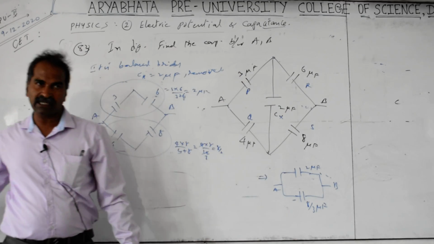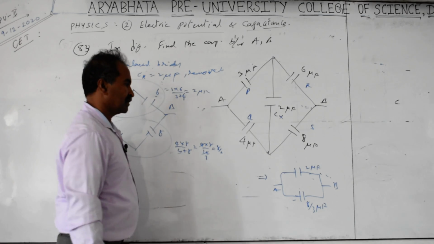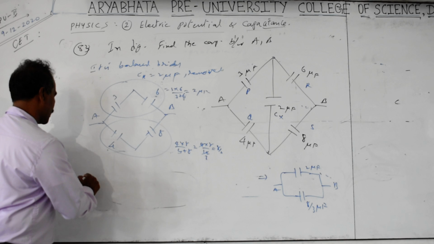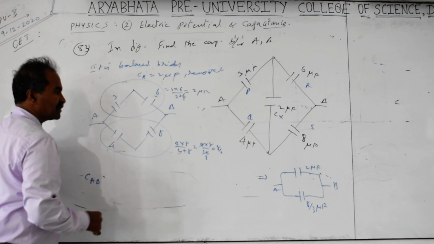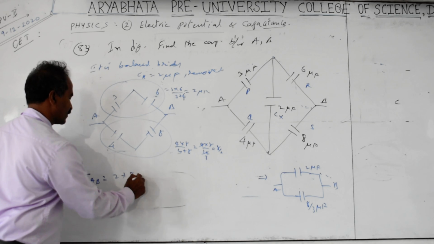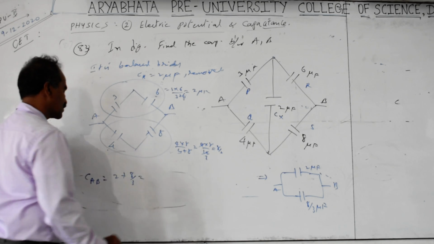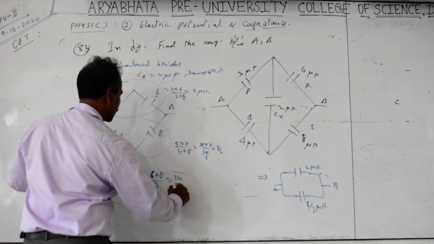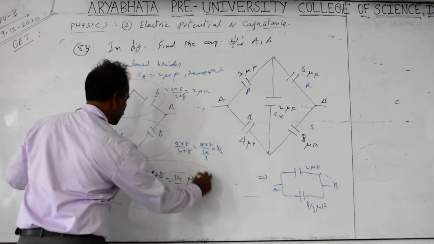No need to take multiple diagrams in the competitive exams, saving the time. So C_AB, now they are parallel, means just addition: 2 plus 8 by 3, which equals 6 plus 8 by 3, it is 14 by 3 microfarads is the answer.